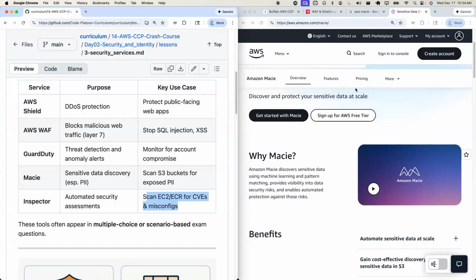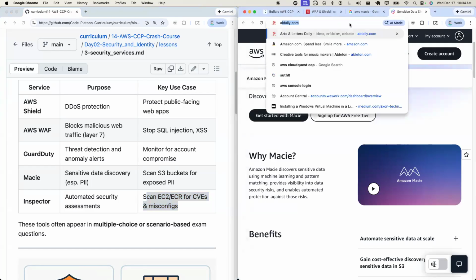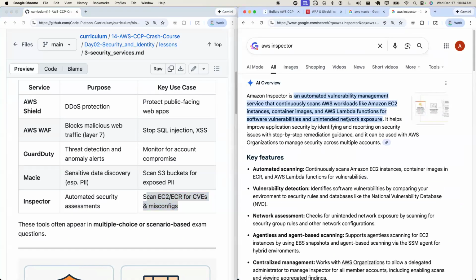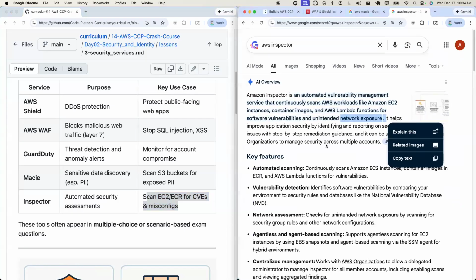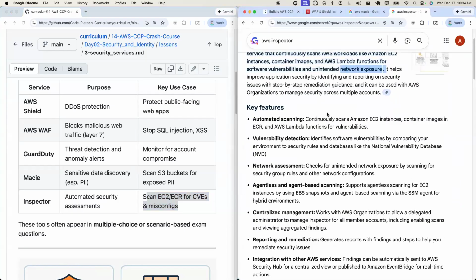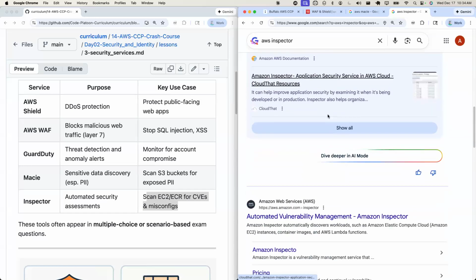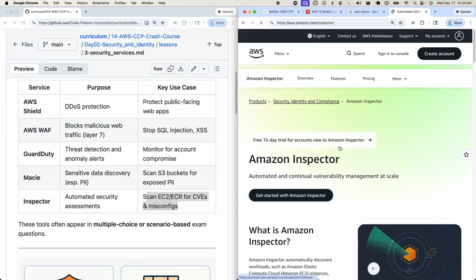There is a lot of infrastructure to manage. So you need these automated tools to help you really keep track of it, right? It continuously scans things and looks for software vulnerabilities, unintended ports being exposed, and things like that. So AWS Inspector is pretty important.